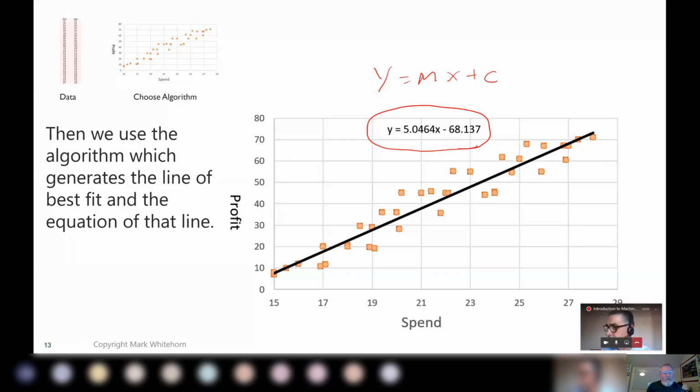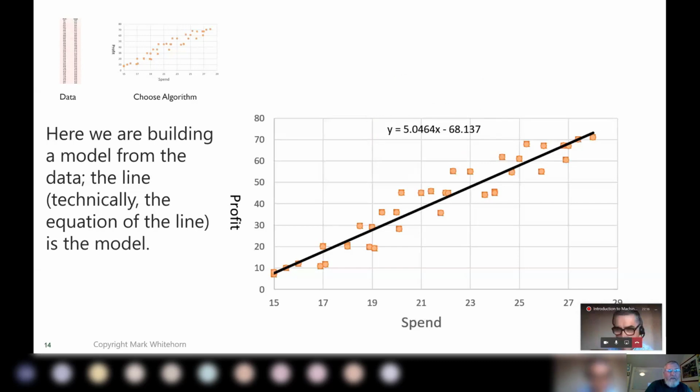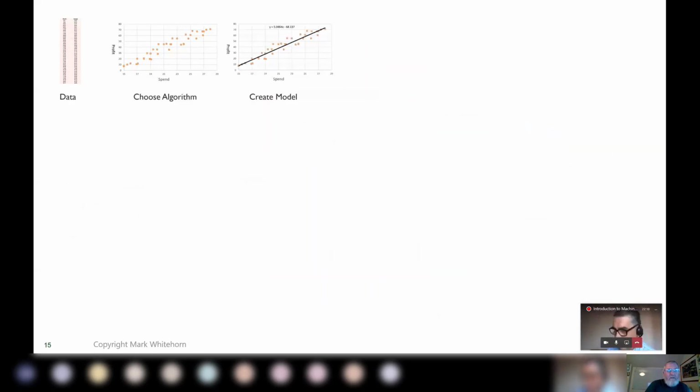That's okay. Right. So y equals mx plus c. So we've got the data, we've chosen the algorithm, we've applied the algorithm, that is, we put the data through the algorithm, and it's generated that equation and that line. So we've created the model.